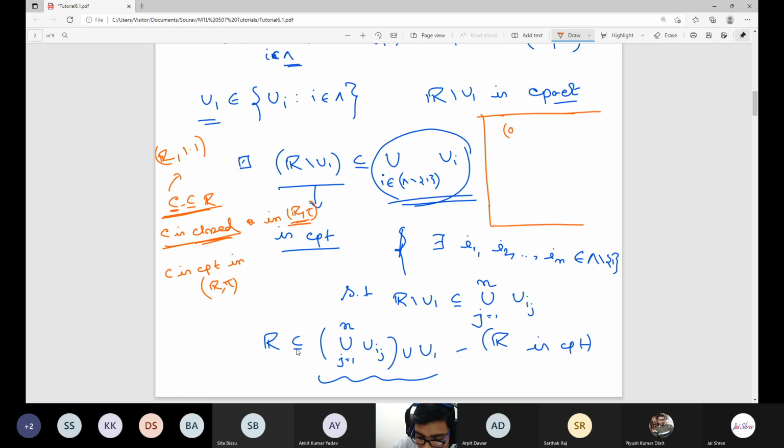Say [0, 1]. If you consider this interval 0 to 1, then this is not compact in (R, tau). Note that this set is not compact in R with the usual topology, right?